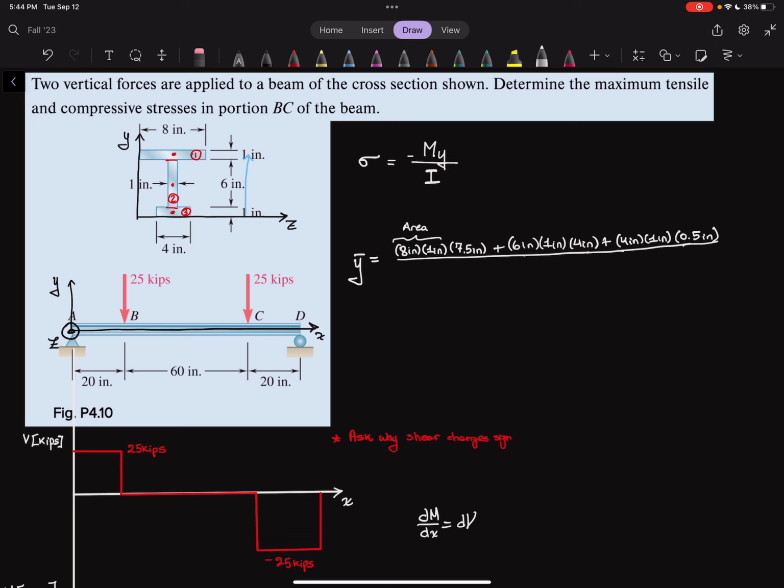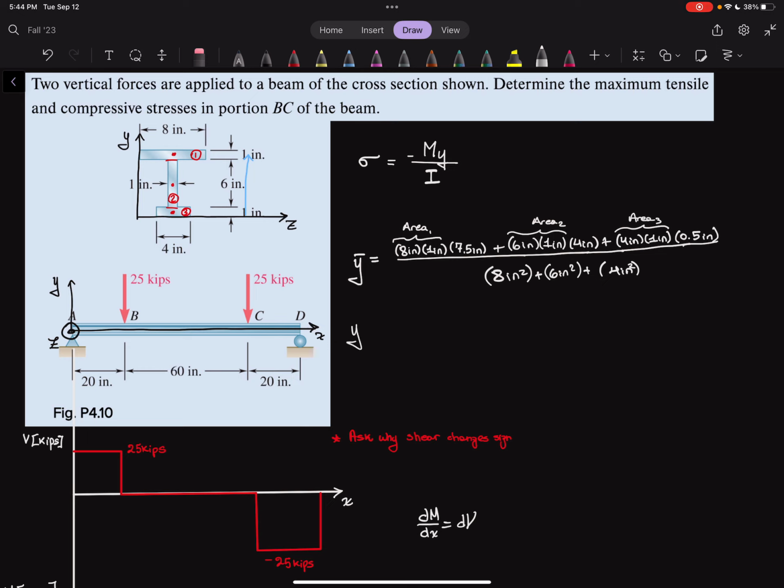Now we divide by all the areas. That was area 1, this is area 2, this is area 3. We divide by area 1 plus area 2 plus area 3, so that's 8 inches squared plus 6 inches squared plus 4 inches squared.